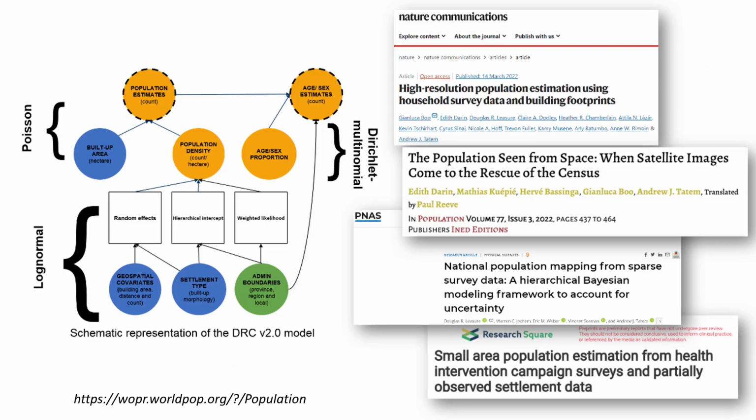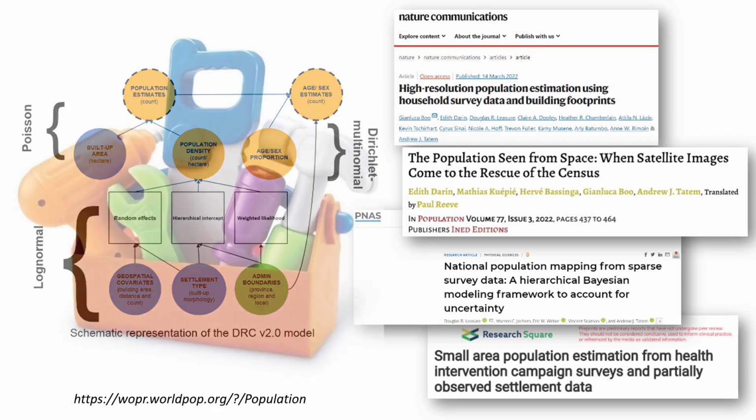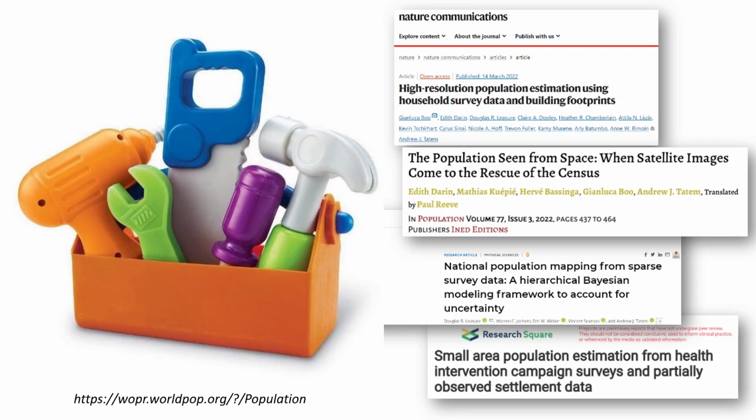And there are a growing number of published models and different ways of doing this. So you can think about it as that we're trying to build up a toolbox so that when we are working with a new country or a new situation, we have a way of looking back and saying we could potentially use this model or this approach.